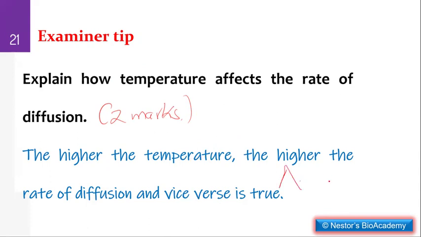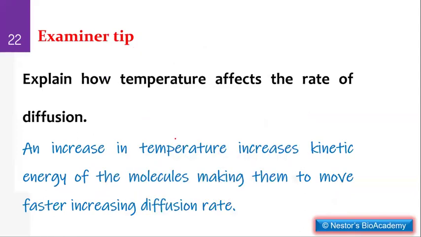Unfortunately, this will give you a 0 because you are not explaining how the temperature brings about this observation. So in your response to a question of this kind, you need to explain that an increase in temperature increases kinetic energy of the molecules, making them move faster, increasing diffusion rate. And that is how you score in that question.